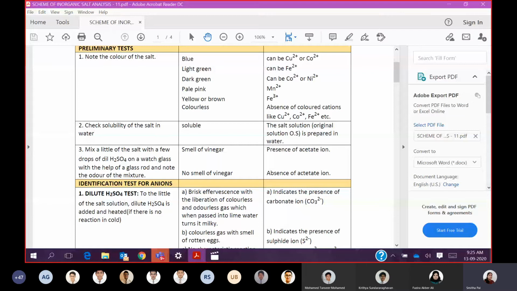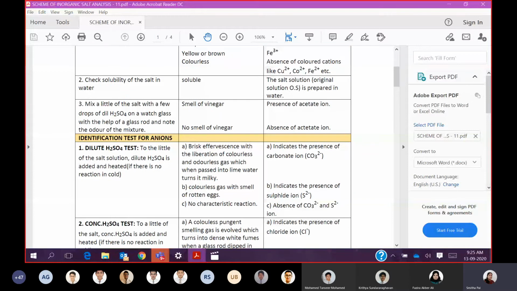Then you will be performing dilute H2SO4 test. To a little of the salt solution, you will be adding dilute H2SO4, and if you get brisk effervescence, that indicates carbonate. But if you perform the experiment using a salt containing chloride, you will not get any of these observations. You will not get brisk effervescence.